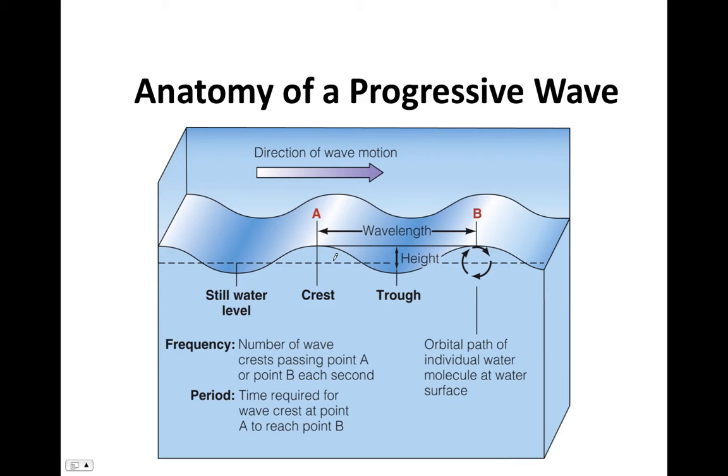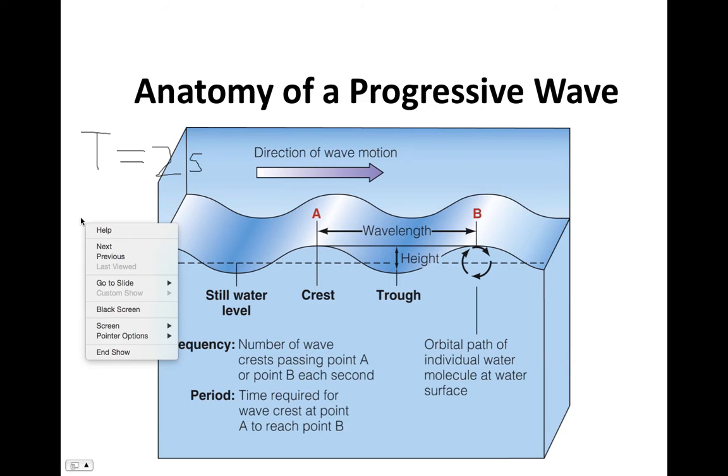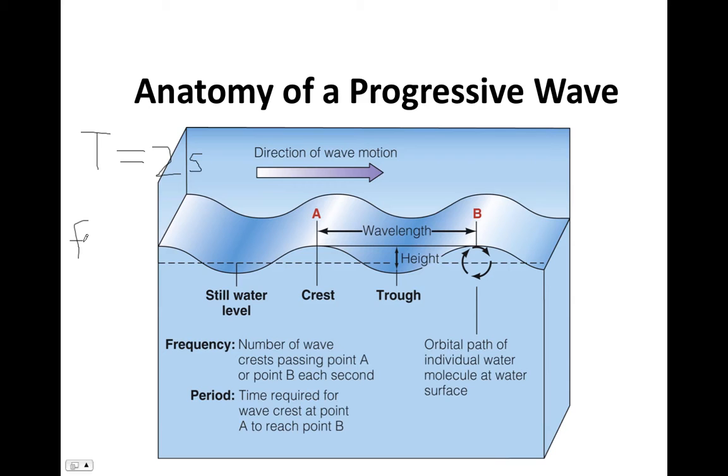And if you note, for a wave that has a period T equals 2 seconds, the frequency of that wave, f, is equal to 1 divided by the period, which is equal to 1 divided by 2 seconds, which equals 0.5 hertz.